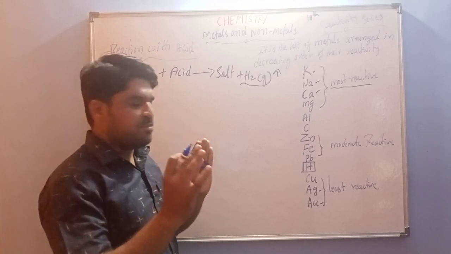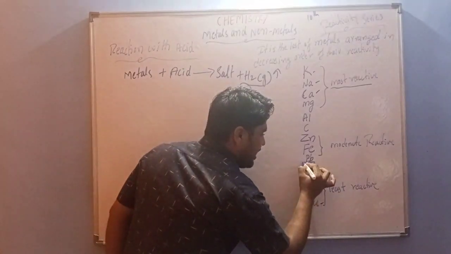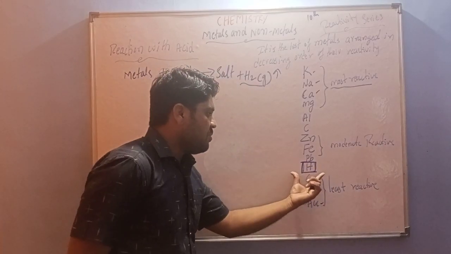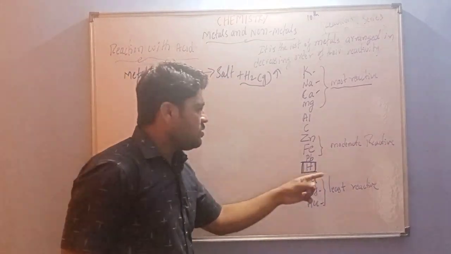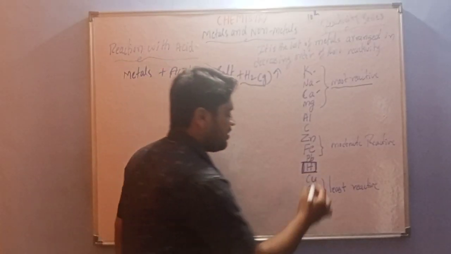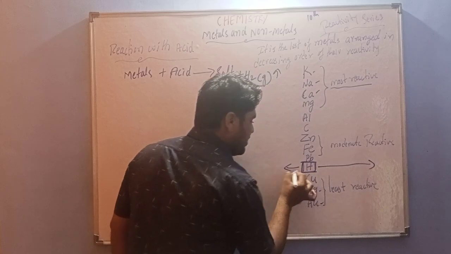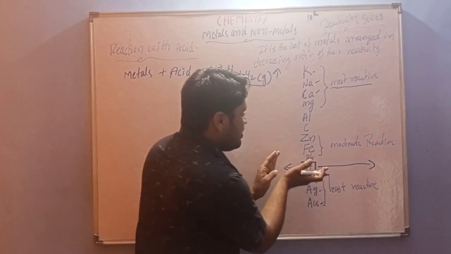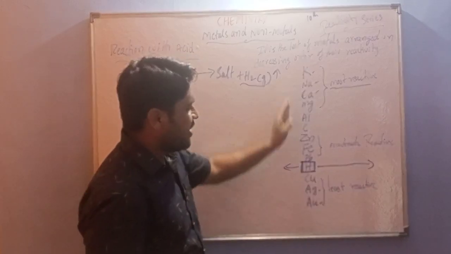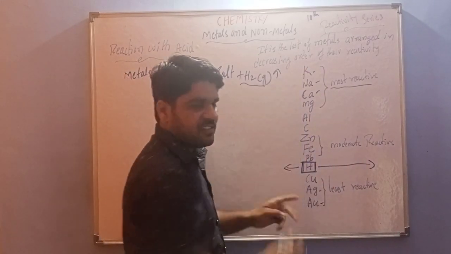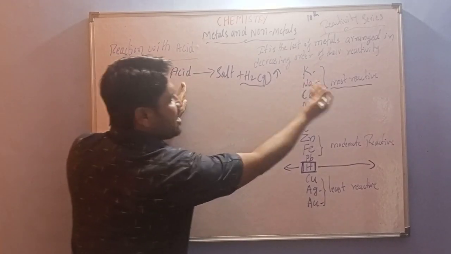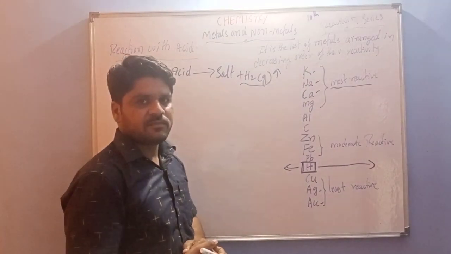So you have to remember this. Take hydrogen as the reference element; here I am writing hydrogen in a box. The elements present on the upper side of hydrogen, all these metals react with acid and produce hydrogen gas.